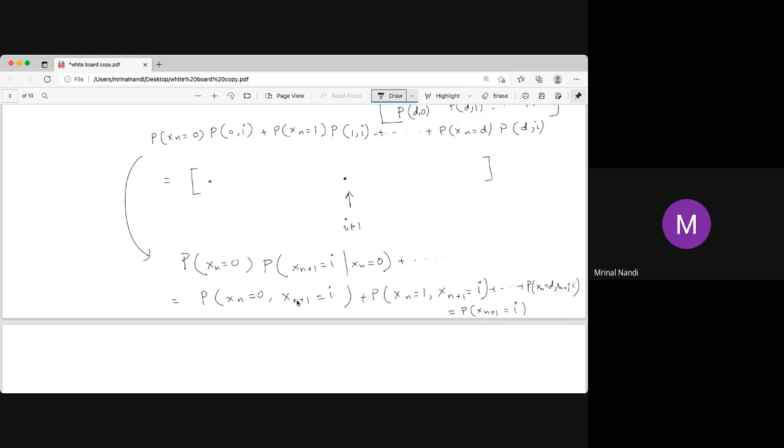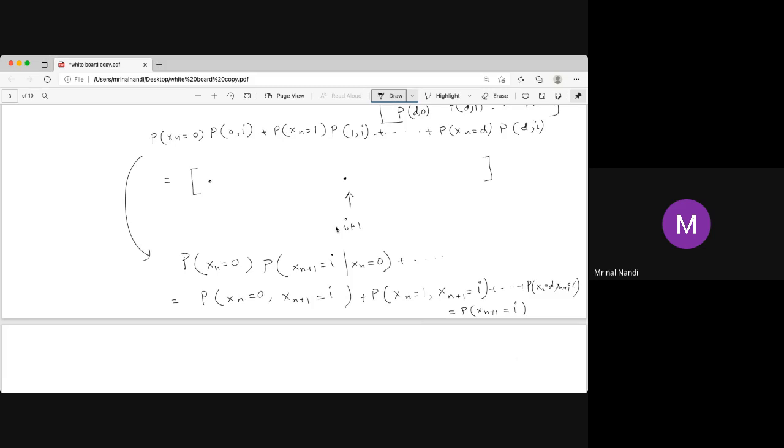This is because these events are all disjoint. Xn equal to 0, xn equal to 1 cannot hold together, so the probability of the union is the sum. If you take the union of xn equal to 0, xn equal to 1, dot dot dot, xn equal to d, this is the whole space, because these are the state space, so xn is obviously between 0 and d.